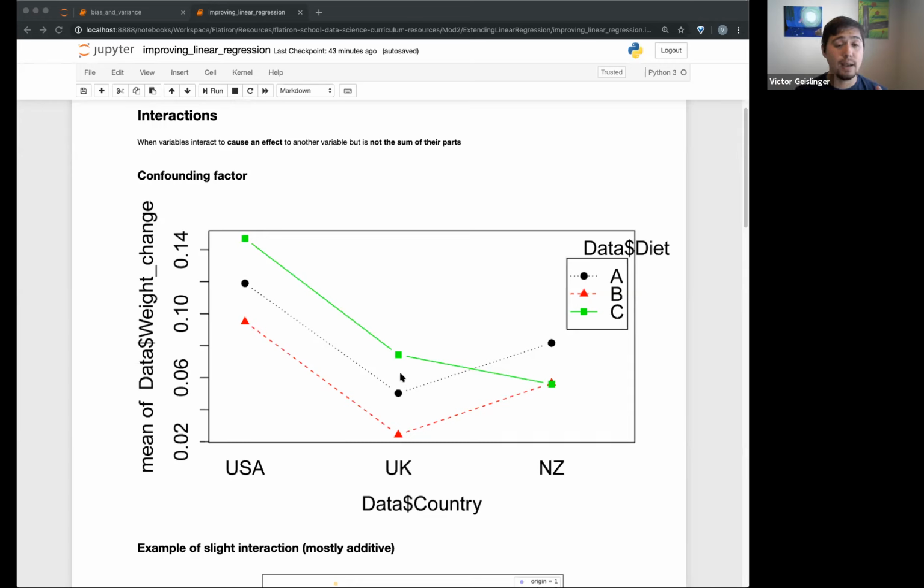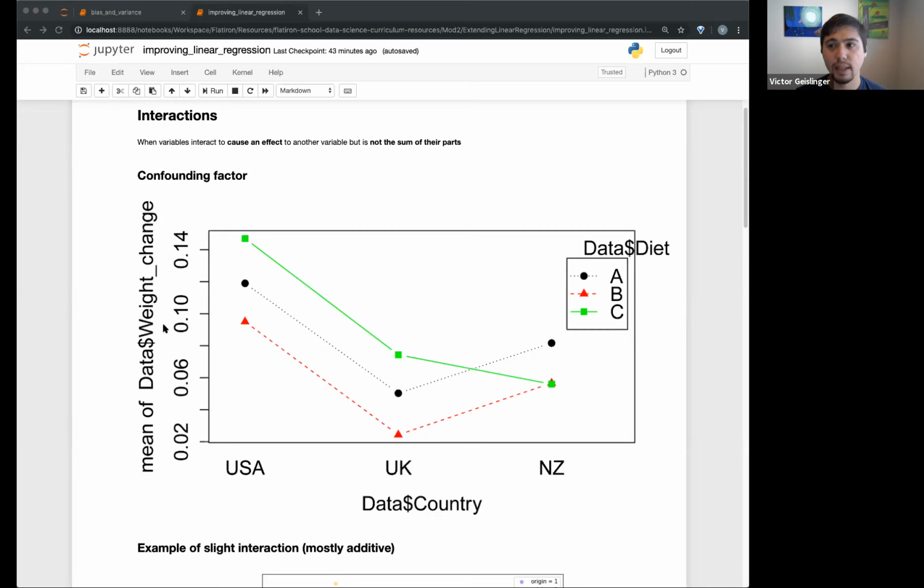Maybe, let's just pretend there's a lot more New Zealanders in the sample, and so they might overpower the effect that we see in the USA and UK. And it just turns out that New Zealand had a specific confounding factor, okay? So that's the idea when we talk about interactions.